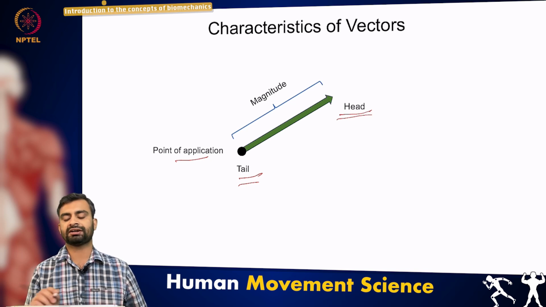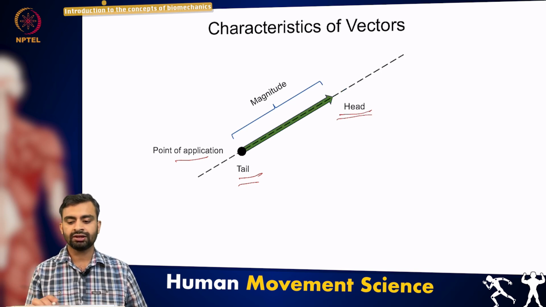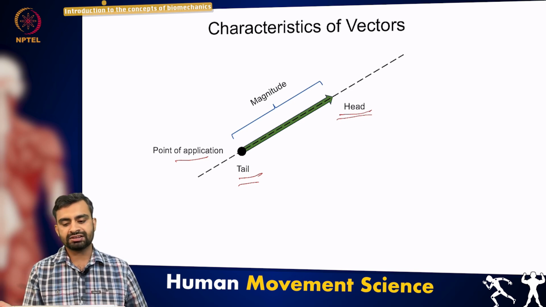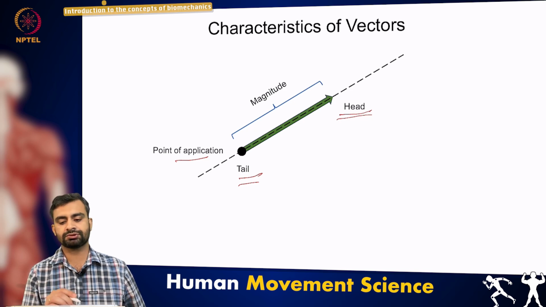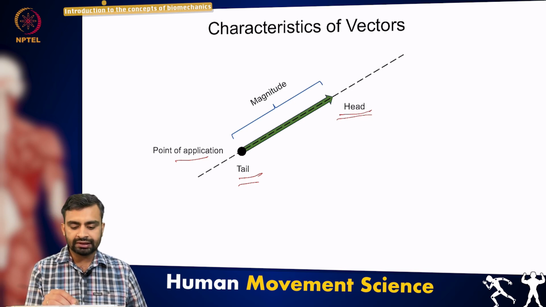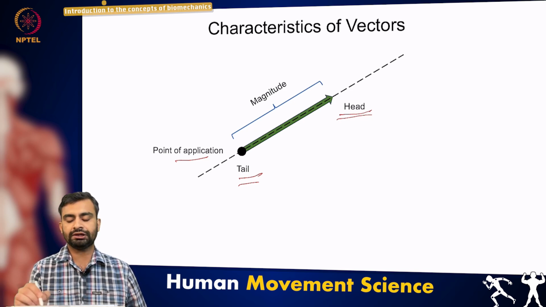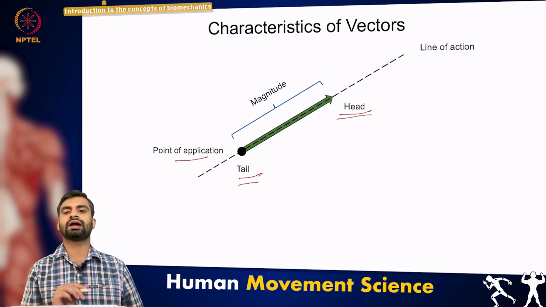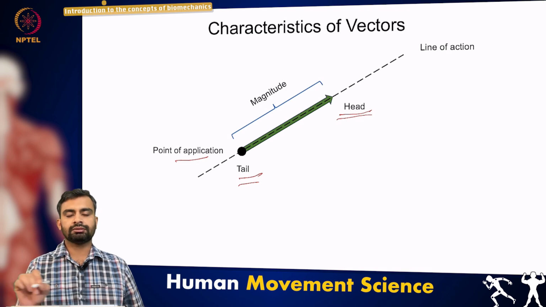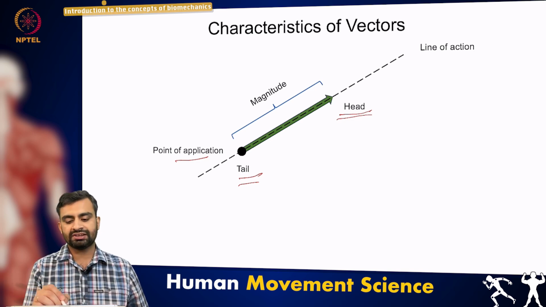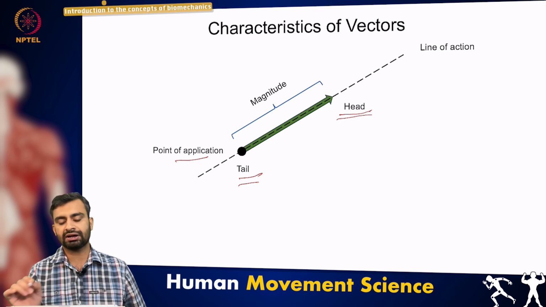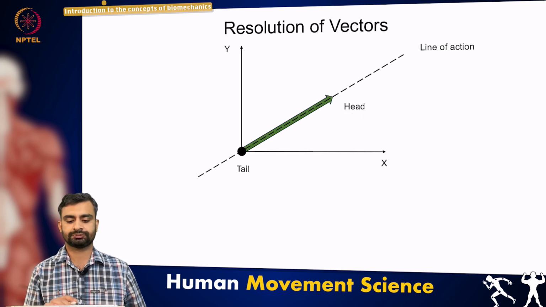Another thing which we will be using in advanced biomechanical analysis, which is out of scope for this course as of now, is the line extending from head to tail, known as the line of action. For example, if this vector represents a force, what is the line of action of the force and what are its effects on the motion.